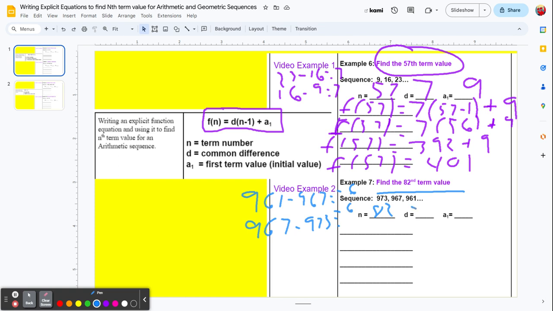So our common difference is negative 6, so that's the d. Our initial value, the first term value, is the 973. So that's our a sub 1.